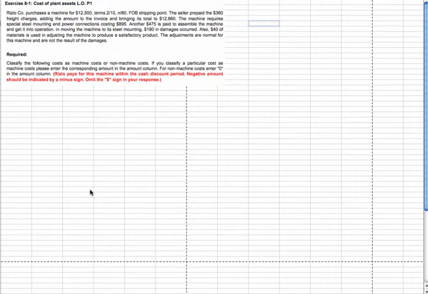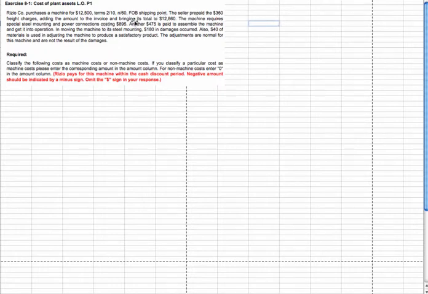Now remember what we just previously said about what makes up the cost of an asset. The purchase price, and in this case it's the $12,500 plus all the additional costs that it takes to make this asset in a usable condition. So that also includes the freight that we have to pay of the $360.